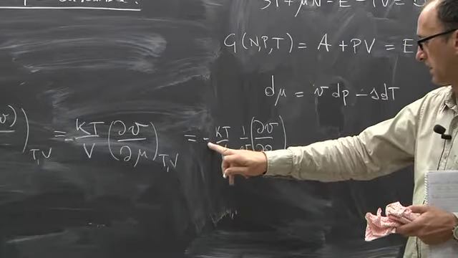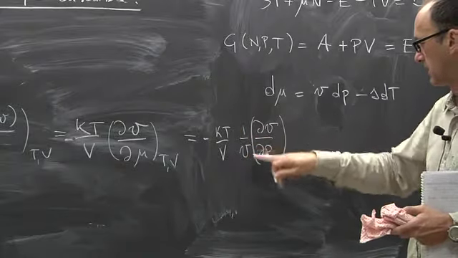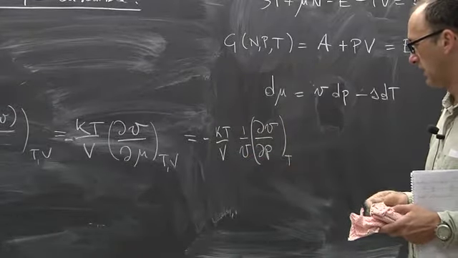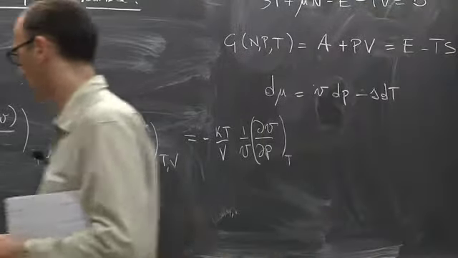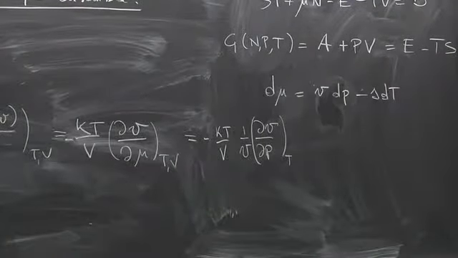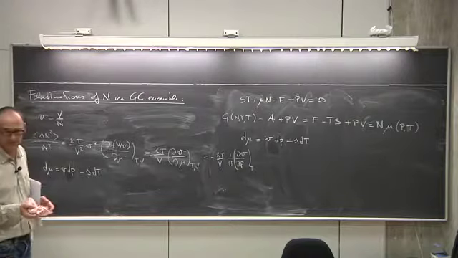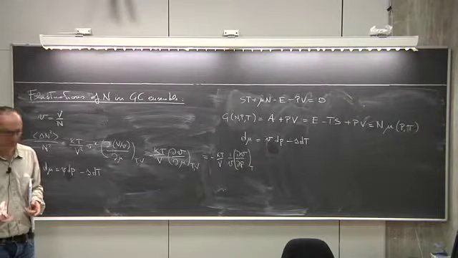Now, minus 1 over V times this derivative is what is called the isothermal compressibility coefficient.